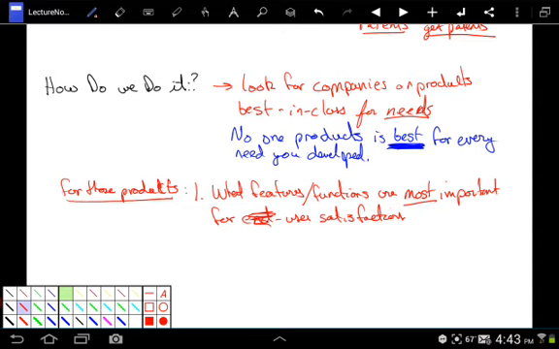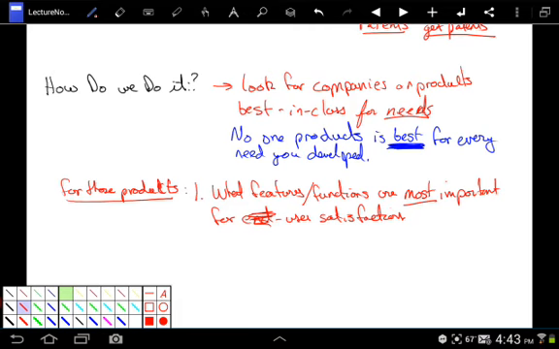We can give you an example of this. There are a lot of examples of this.